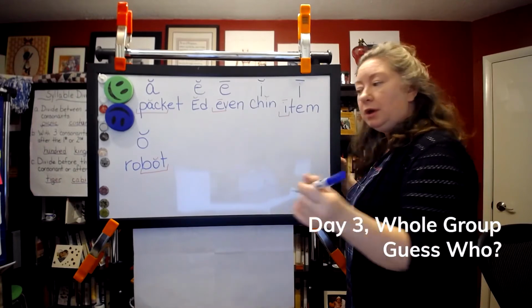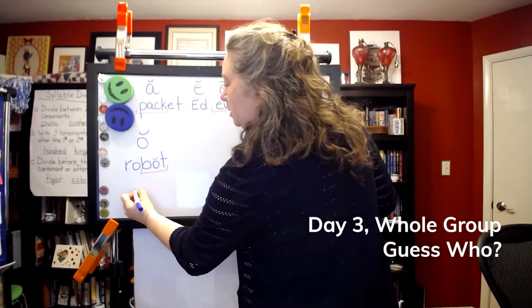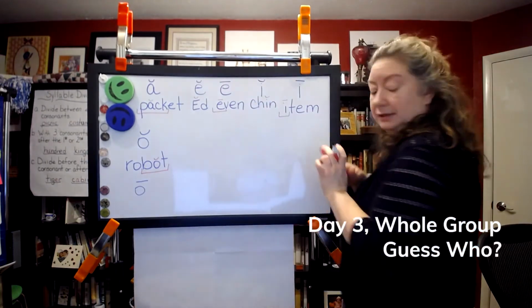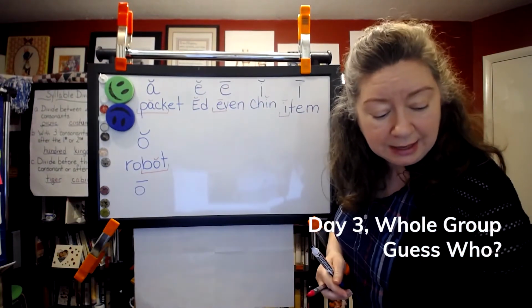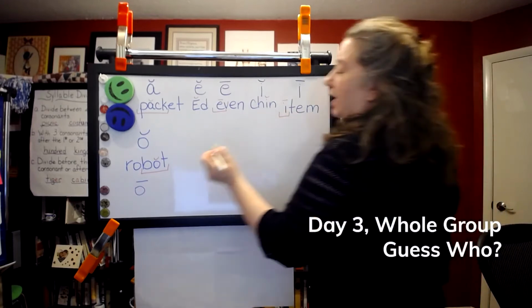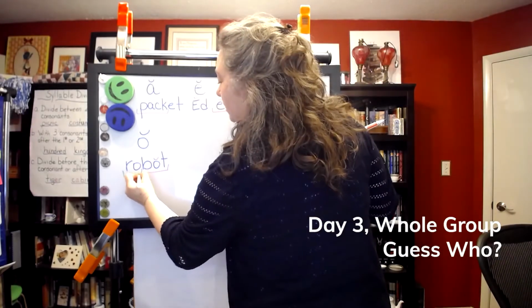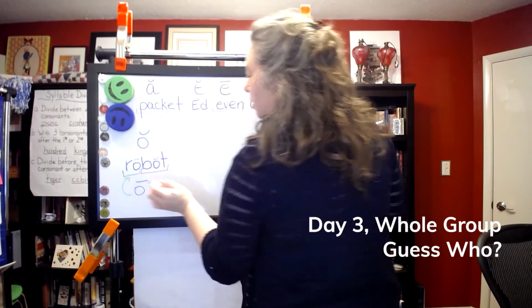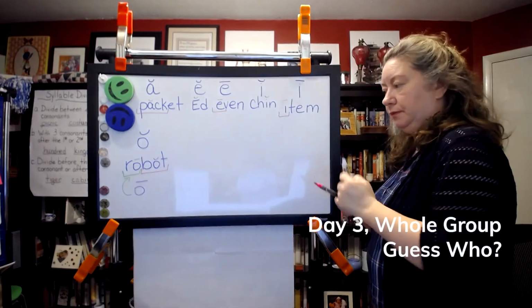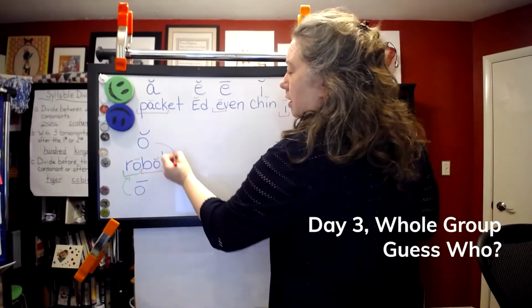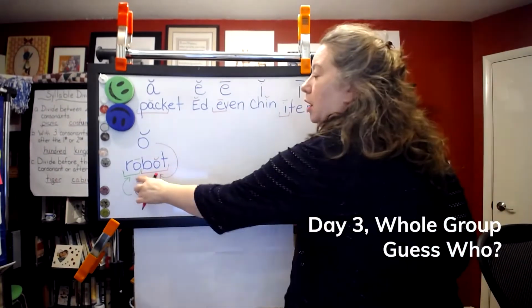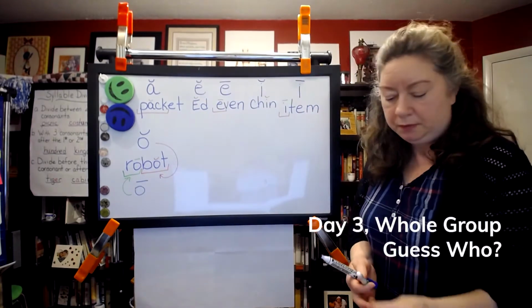Good. But O in an open syllable is going to be by itself, making that long vowel sound. And in that case, we actually hear that in the first syllable of robot. We heard the ah in the second syllable. We heard the O in the first syllable.